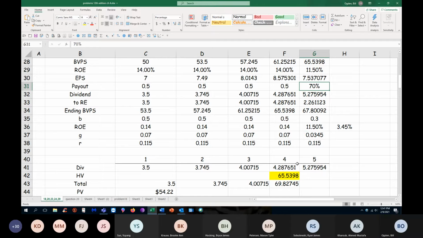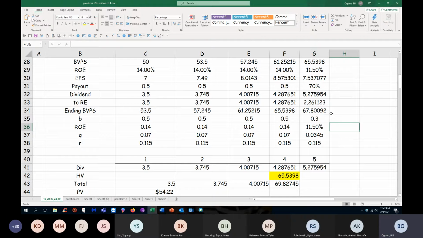Why not? Well, it's because at that point, we have R and ROE exactly the same. So ROE and R are the same. Therefore, we cannot create value. So the payout doesn't matter.